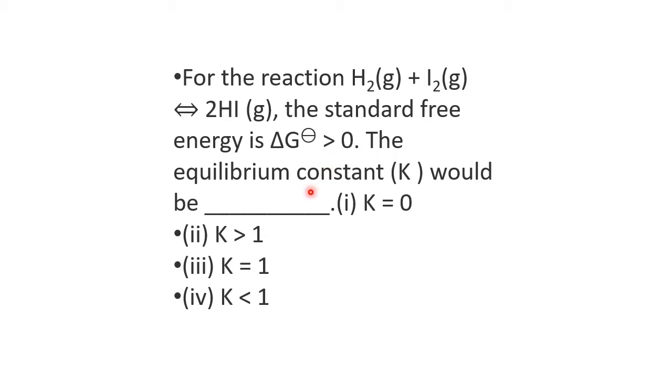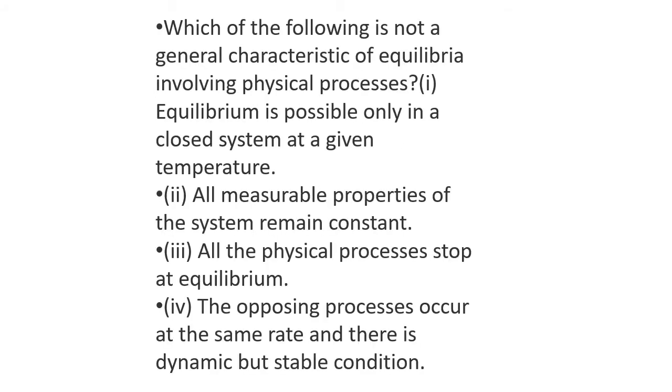From this we can conclude delta G is more than 0, it is positive. When delta G is positive, the reaction becomes non-spontaneous. That's why the K value becomes less than 1. So we have to understand that relation. Okay, right. For this question, the option is 4, K is less than 1. Next.